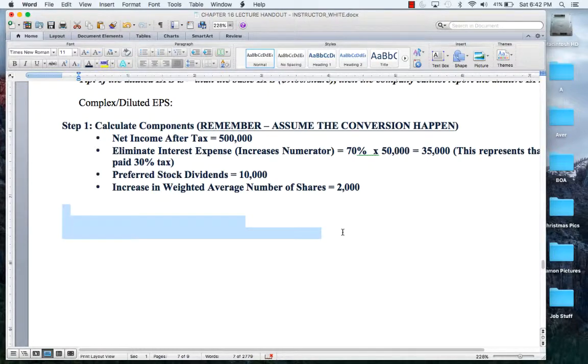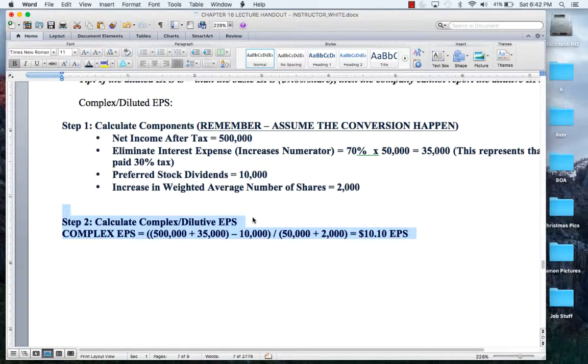The next step, we will plug these numbers in to calculate the dilutive EPS. So this is where the calculation really differs from basic EPS. We have the 500,000 in net income after tax.